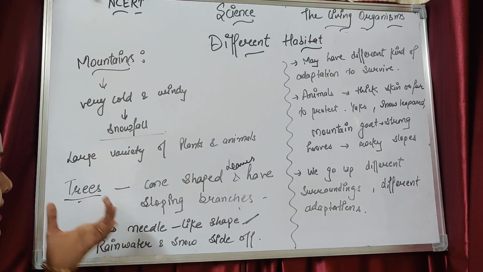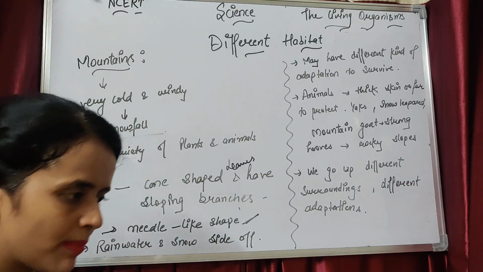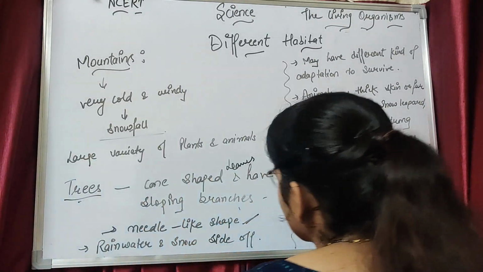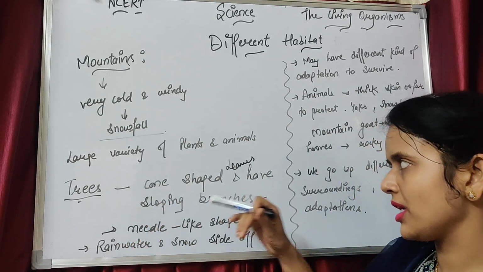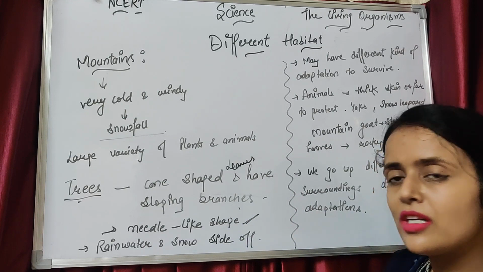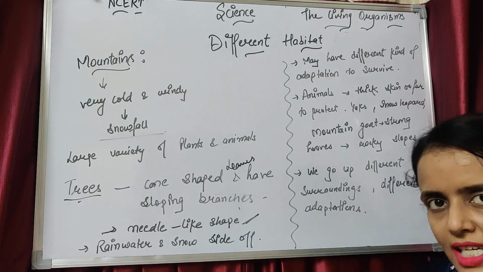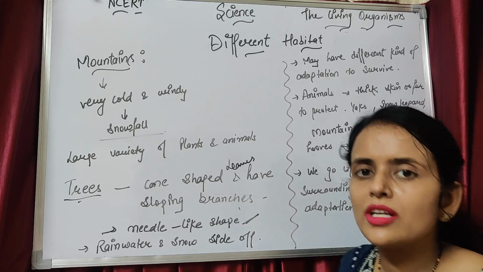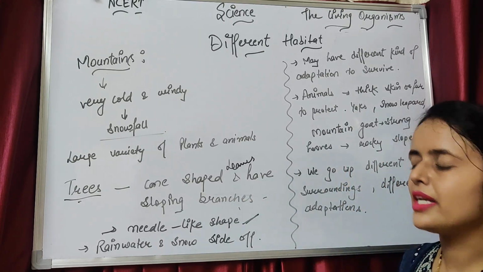Let's start again. Trees have cone-shaped leaves and sloping branches, so that rainwater and snow slide off easily. So that rainwater and snow will not stay on the leaves and branches and damage the tree.